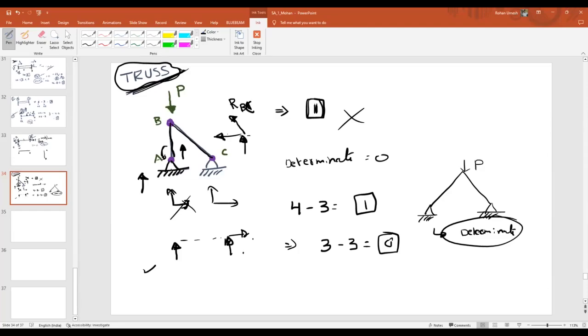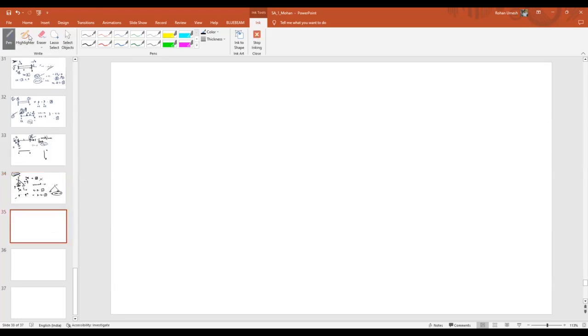Okay, now imagine there is a force P acting like this, and consider this angle is theta. Imagine this is the applied force. You have to find the resisting force at point A.